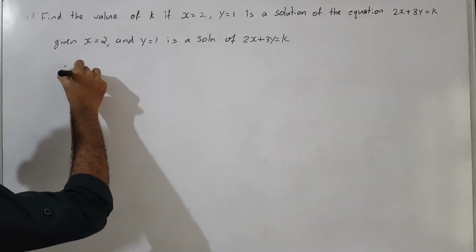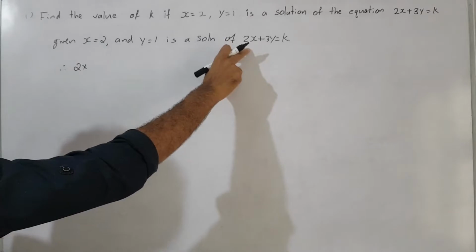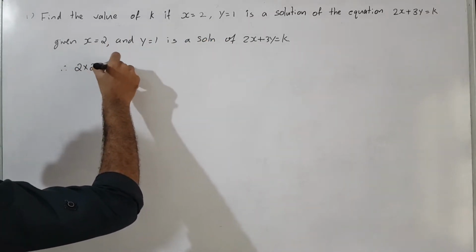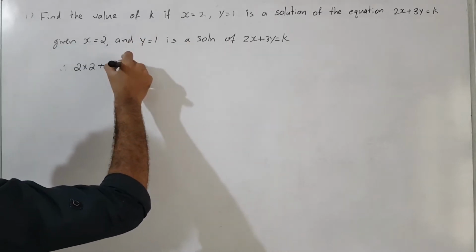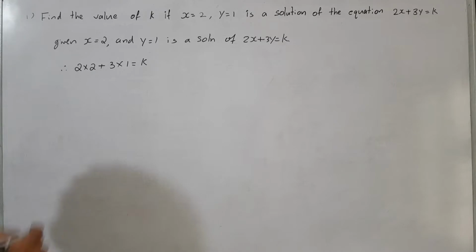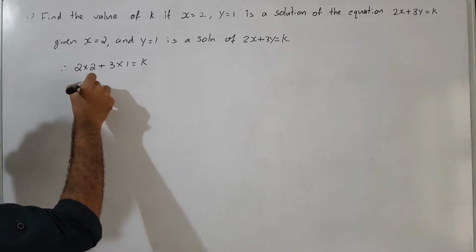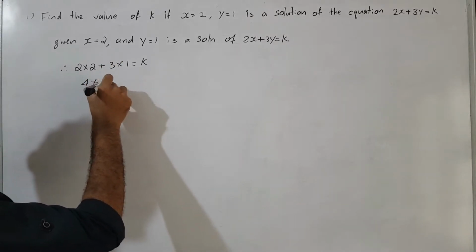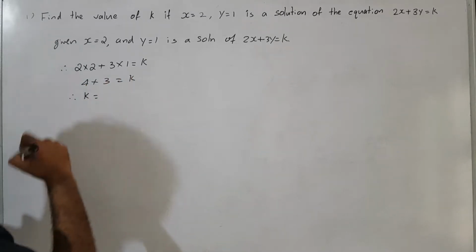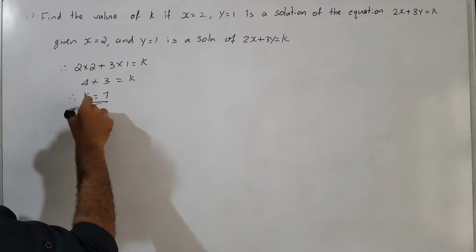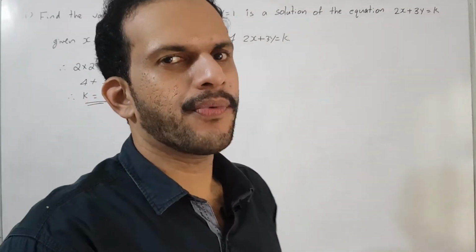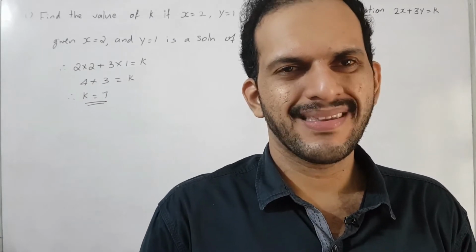Therefore, 2 into what is x? x is 2, plus 3 into y, which is 1, is equal to k. Then 2 into 2 is 4, plus 3 into 1 is 3, is equal to k. Therefore k is equal to 4 plus 3, which is 7. So here, what is the value of k? The value of k is equal to 7.